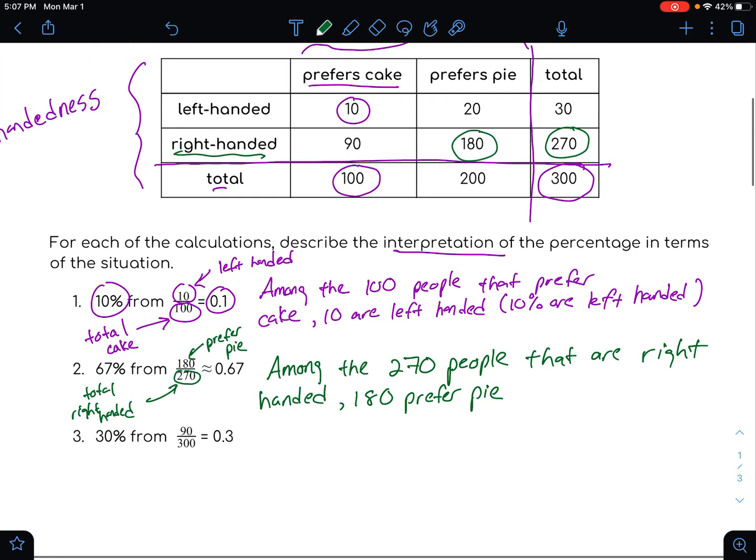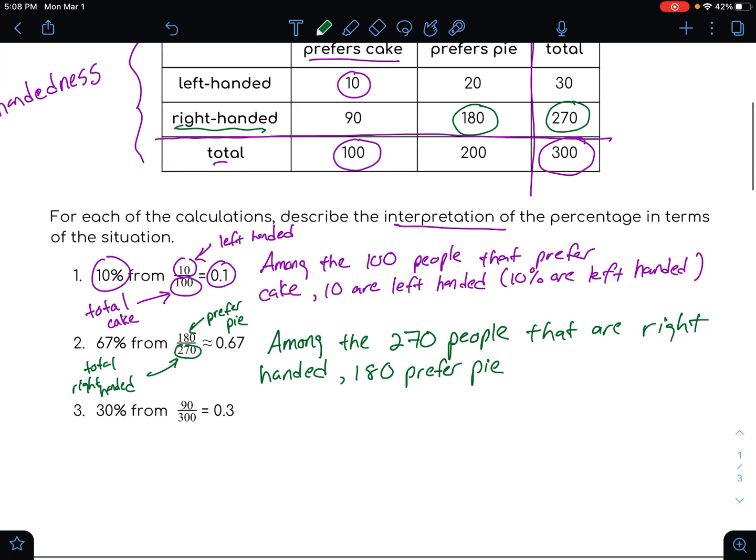So there's others that prefer pi, but out of that group of 270 that are right-handed, it's 180 that prefer pi. And 180 out of 270, as is shown here, is 67%.